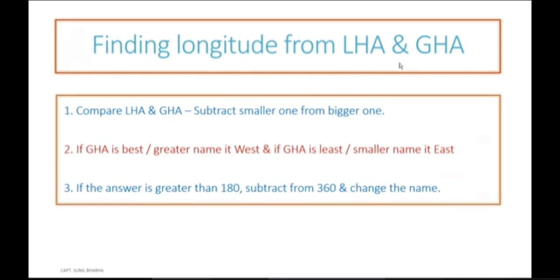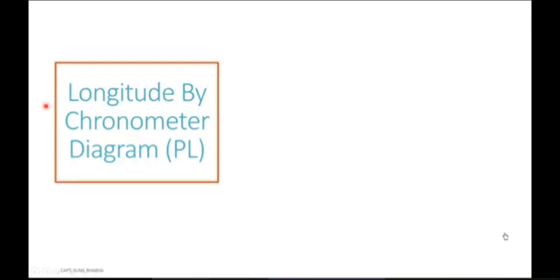Let's move ahead. The only thing which remains now is plotting the position line. So let's see how the position line is plotted. Let's now see how we draw the position line obtained with the longitude by chronometer method.